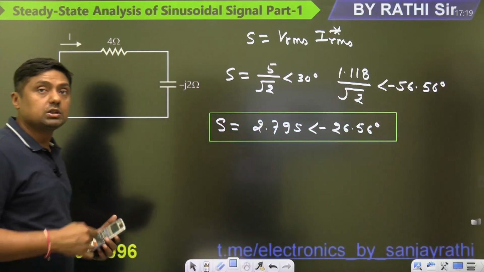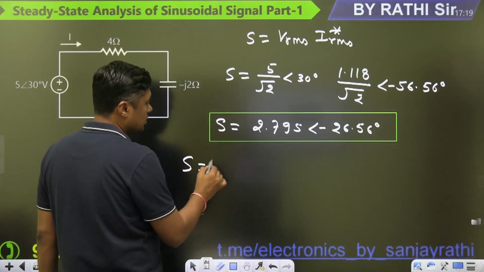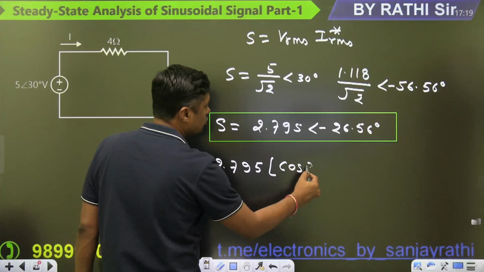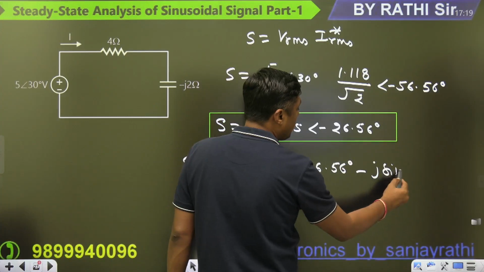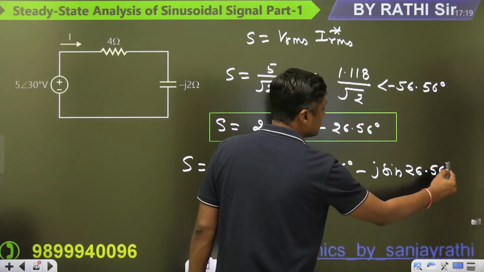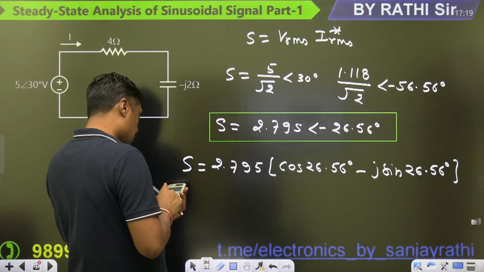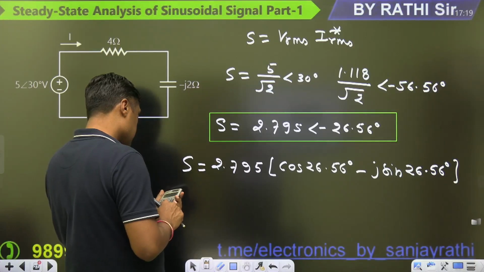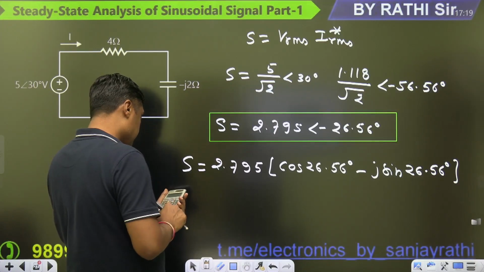Complex power. So what is the real part of that? 2.795 cos of 26.56 minus j sine of 26.56. Why minus? Because it is a negative sign. And now you can multiply, cos of 26.56 is 0.894 into 2.795.